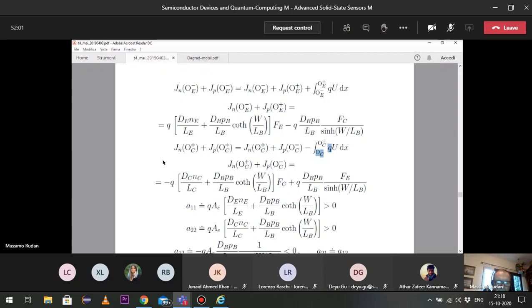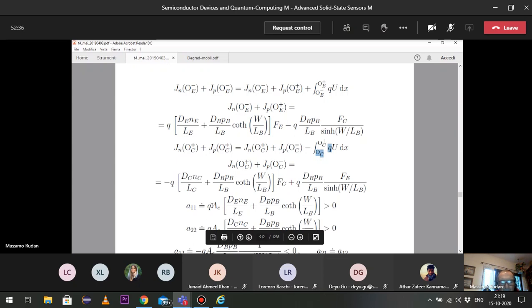At this point, we give names to all these coefficients. So the coefficient that multiplies F_E in the first equation, this quantity, is first multiplied by the cross-sectional area of the transistor. In this case, the cross-sectional area is called A_E because A was one of the coefficients, okay?